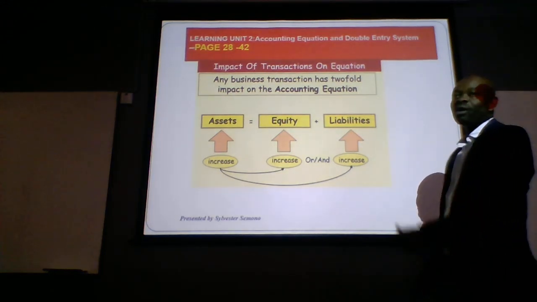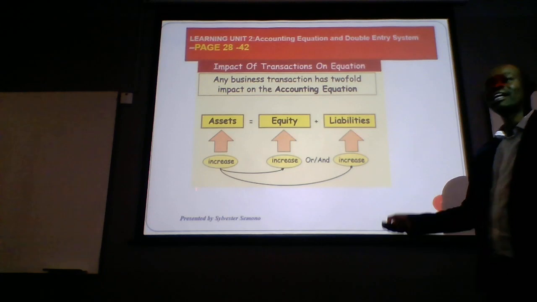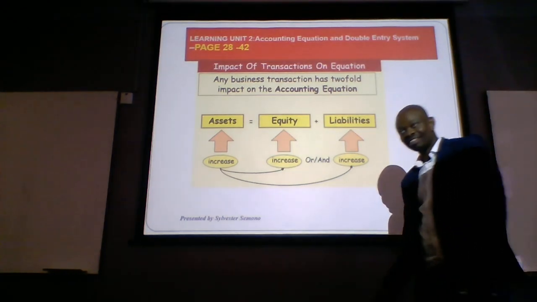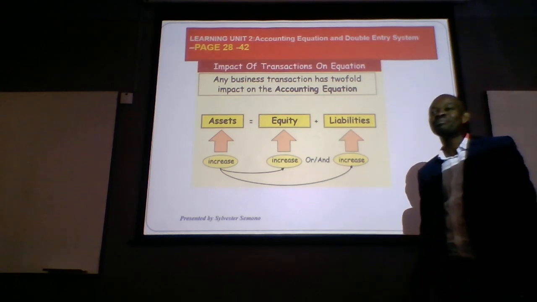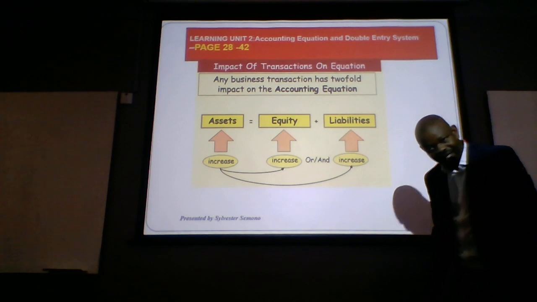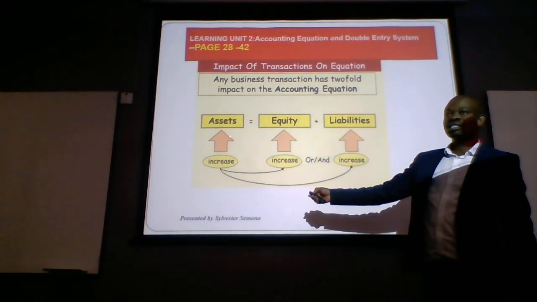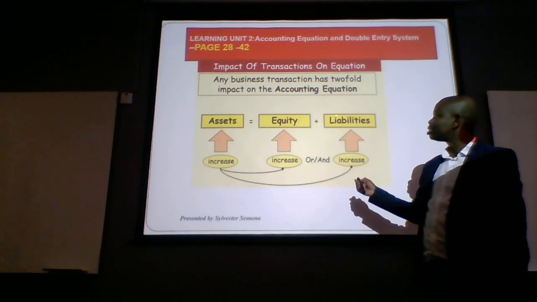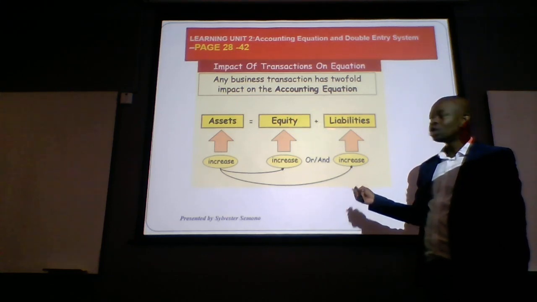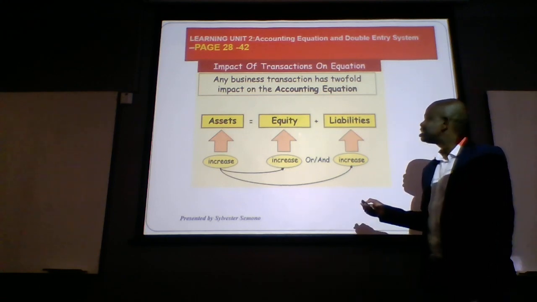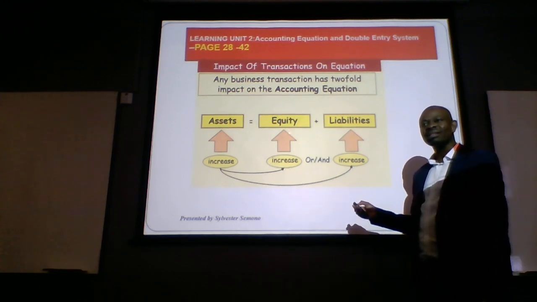What we have been talking about will bring us to this. This is the accounting equation. I'm telling you, there's no exam without the accounting equation. It means assets equal equity plus liabilities. So for me to acquire my assets, I need equity. Remember, equity is the same as capital.